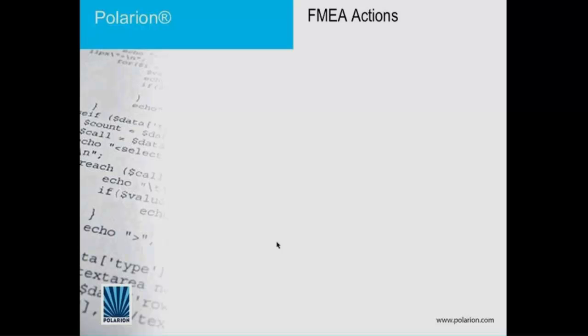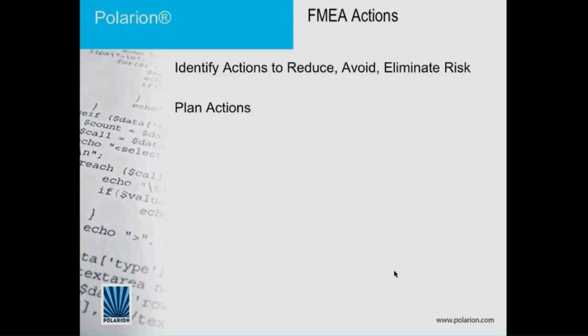Well, what about the actions associated with FMEA? We score the risk priority number, and then we start to look at the actions that would help us reduce, help us avoid, or possibly even eliminate that risk of failure. Then we start to plan those actions. In planning the actions, we determine what types of things we will be doing to mitigate the risk. Maybe this will be change requests.